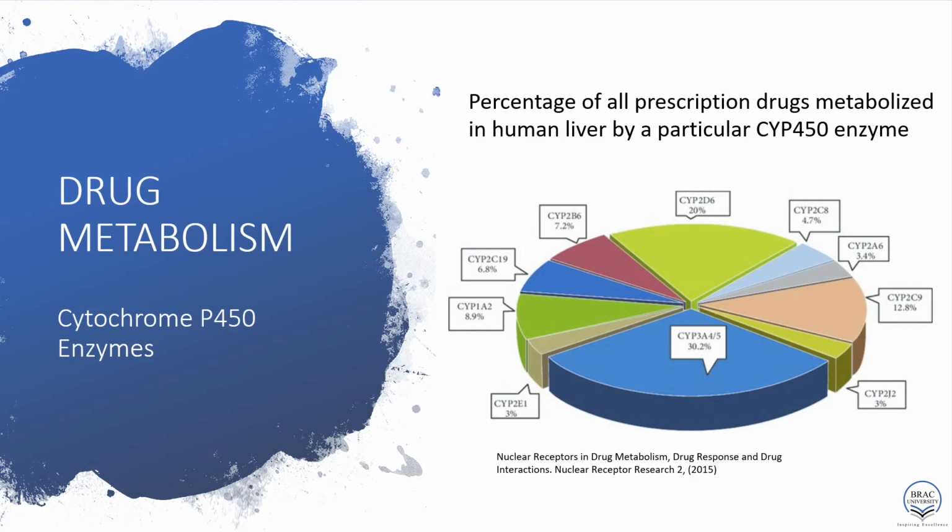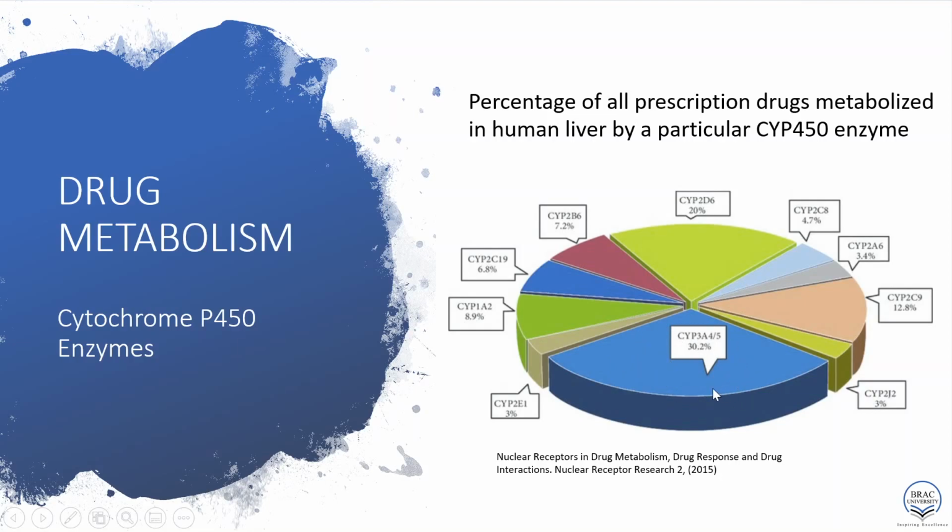I mentioned the percentage of prescription drugs that are metabolized by this enzyme system. This enzyme system is very important for drug metabolism because all drugs first undergo a phase 1 reaction, and most drugs undergo oxidation, reduction, these sorts of reactions. CYP3A4 catalyzes the phase 1 reaction of more than 30% of all prescribed drugs.